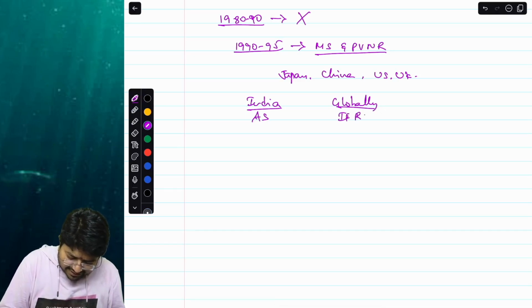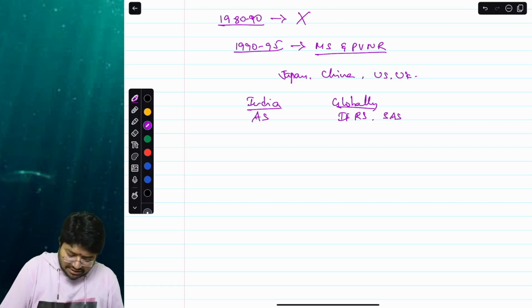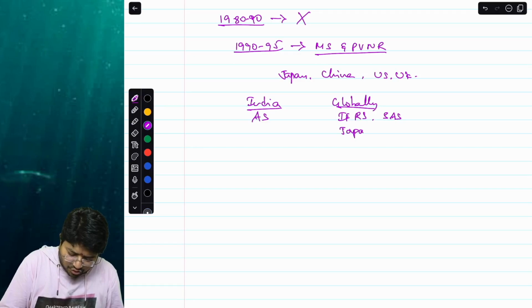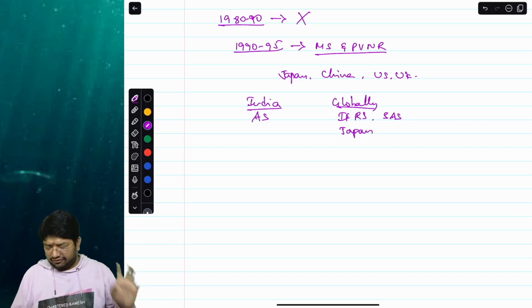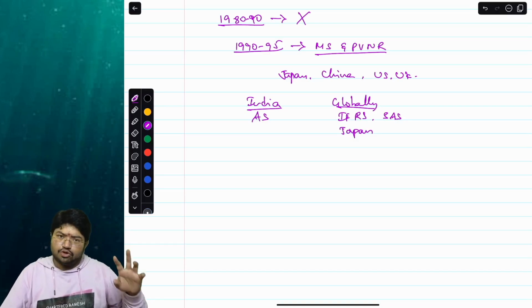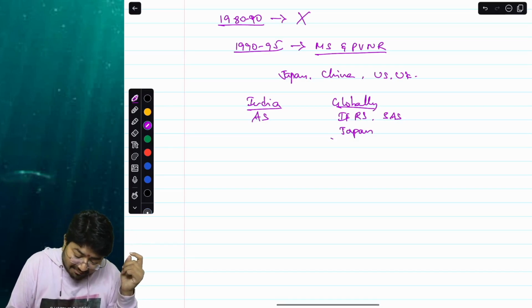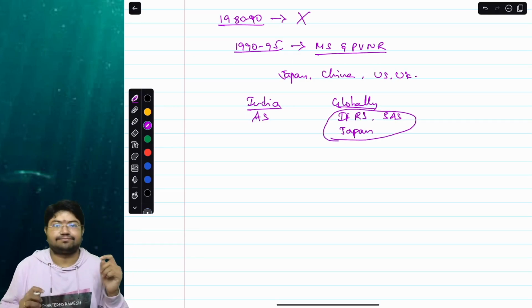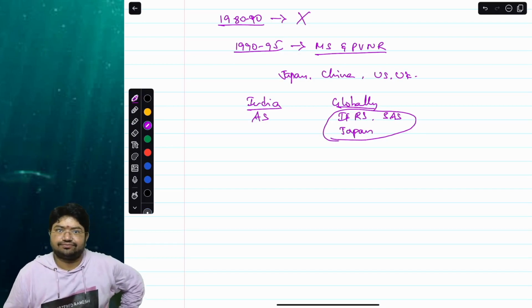It could be IFRS, in Singapore there are Singapore accounting standards, Japan has its own set of accounting standards. Like that, every country has a different set of standards. But the beauty about all of them is they are somehow or the other aligned with IFRS.